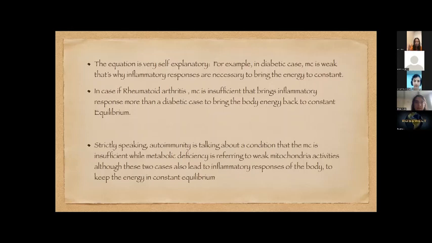But in an RA person, you don't have 200 mitochondria, you maybe only have 100, and that makes the mitochondria work harder, maybe a few times more than a normal person.